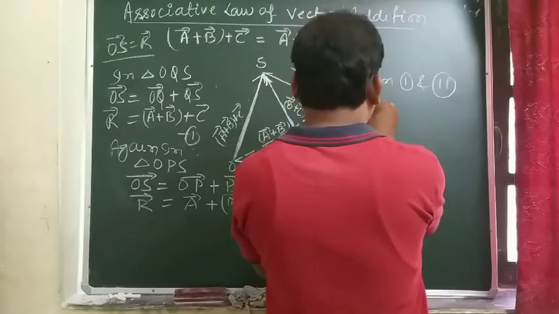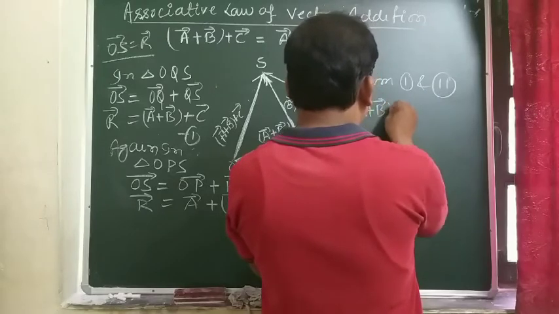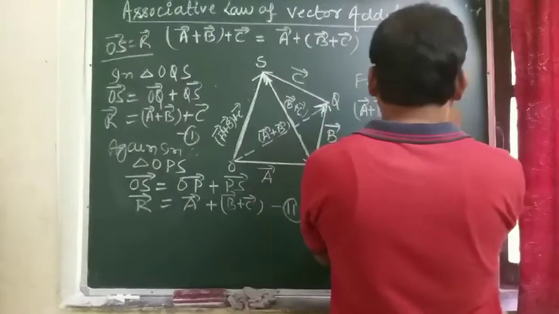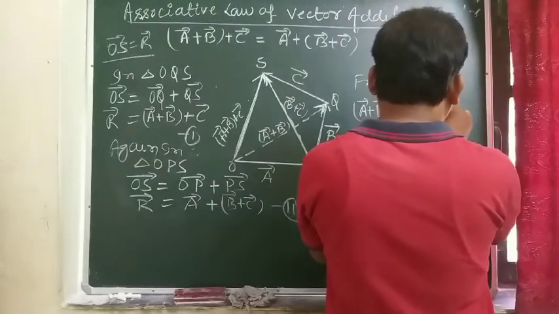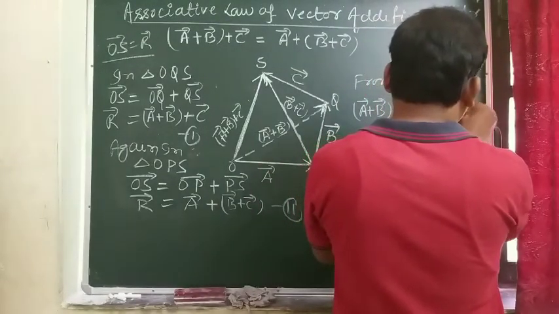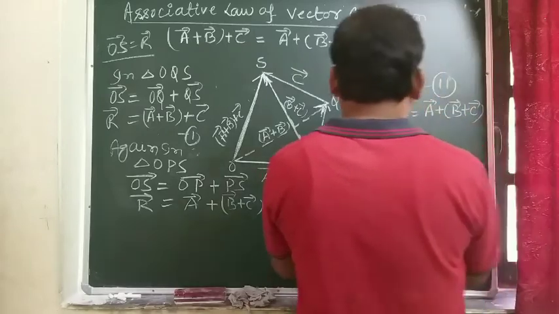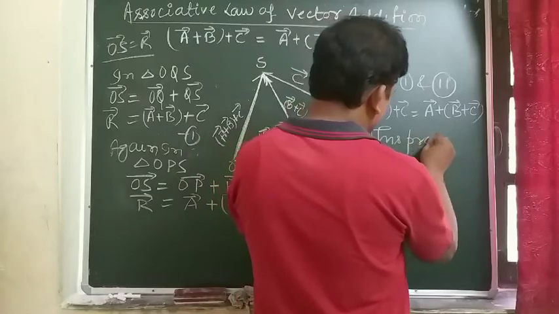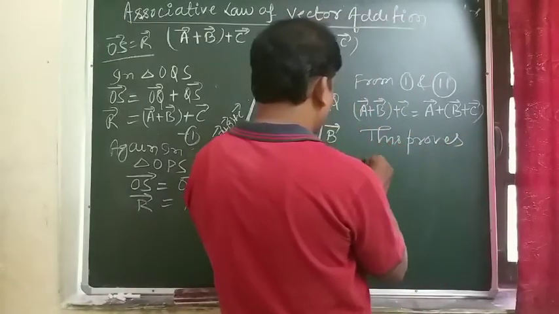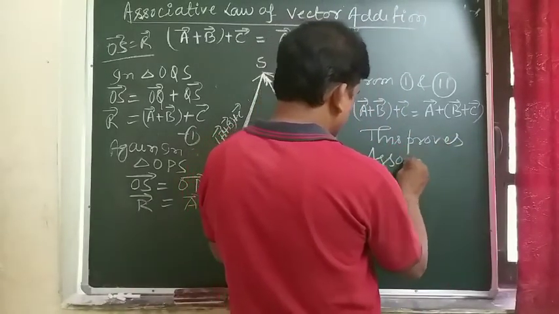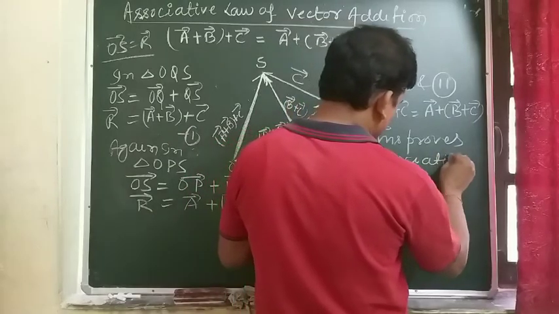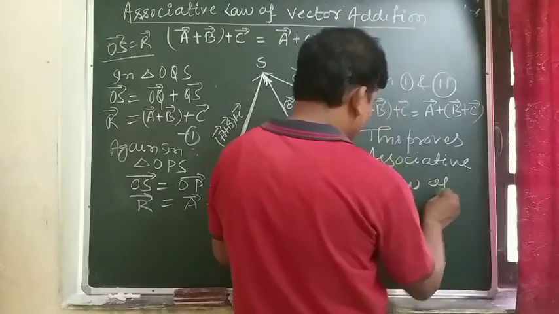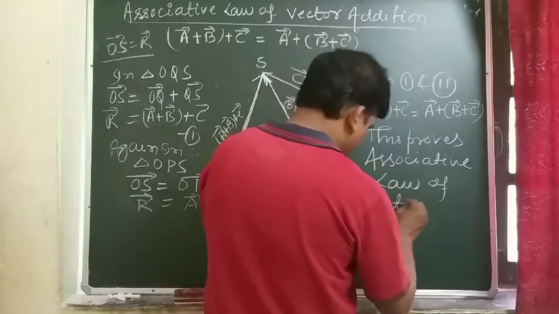vector A plus vector B, plus C, which equals vector A plus vector B plus vector C. This proves the associative law of vector addition.